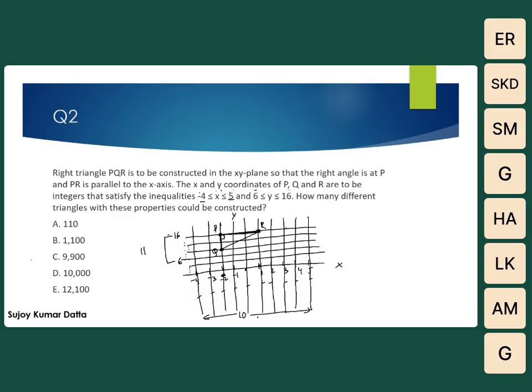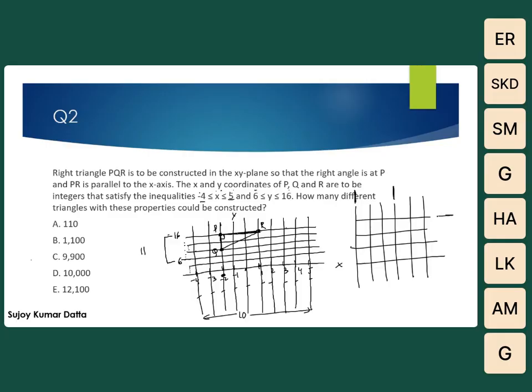Instead of doing it that way, what I suggest is, if you have a grid like this, if I pick any two vertical lines and any two horizontal lines, I get a rectangle. I could also get a square, but that's okay. A square is also a special rectangle in a way. Once I have the rectangle, I can choose my P to be any of the four corners.